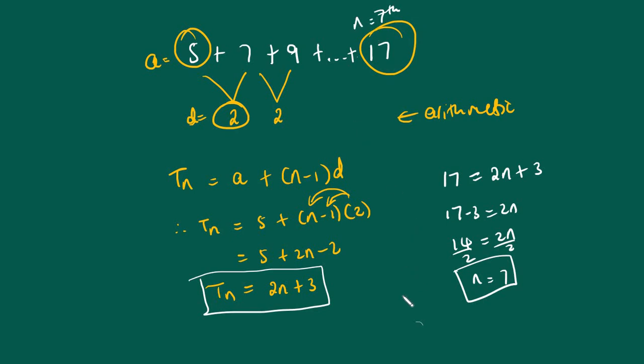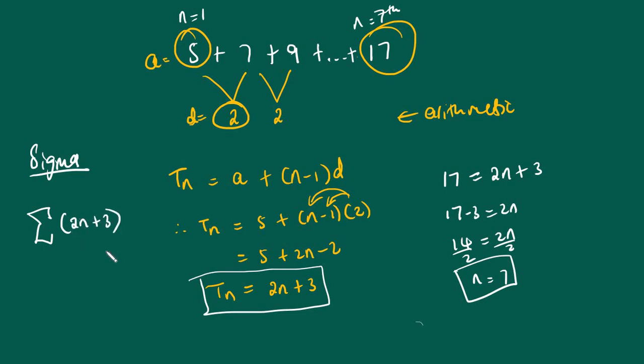So how do I write whatever I'm seeing there in sigma notation? I'm just going to write sigma here. You know that 5 is in position 1, isn't it? So you're saying add the terms in the series described by the general rule 2n plus 3.